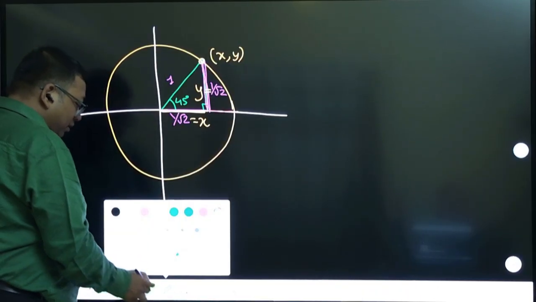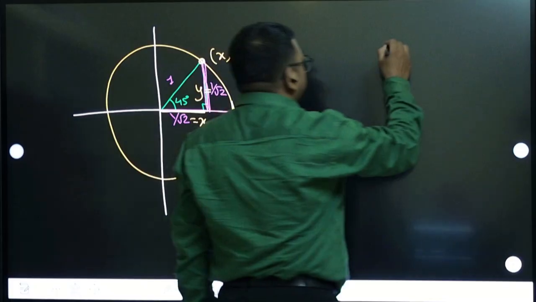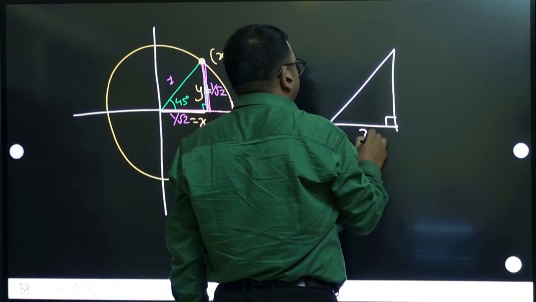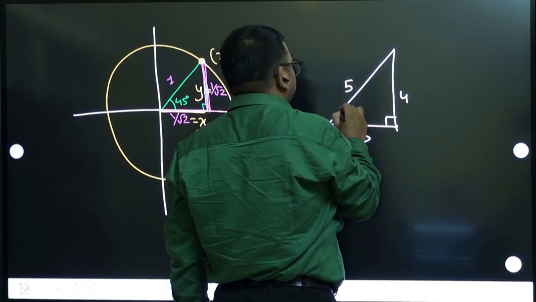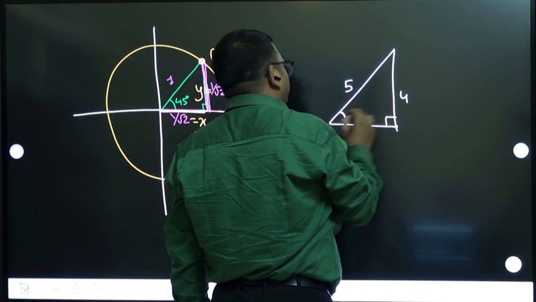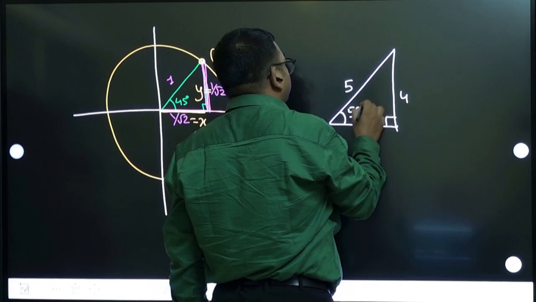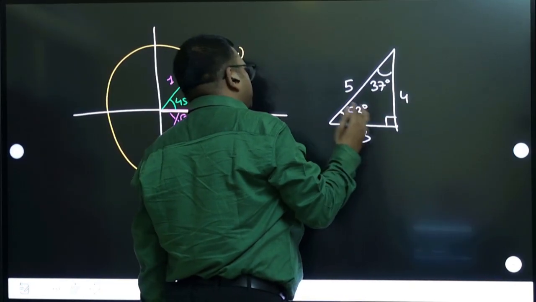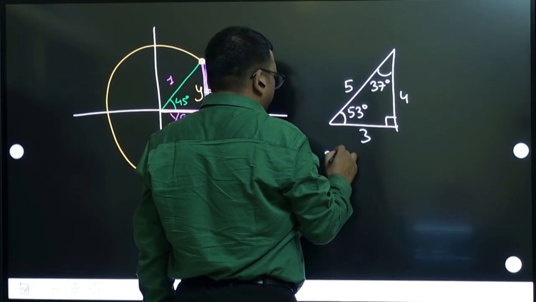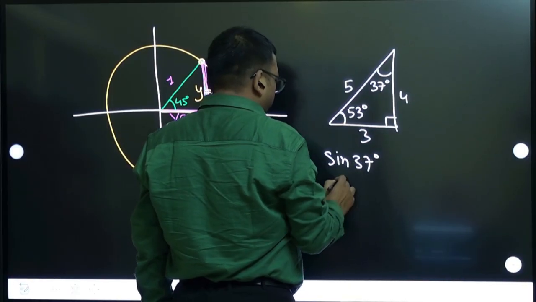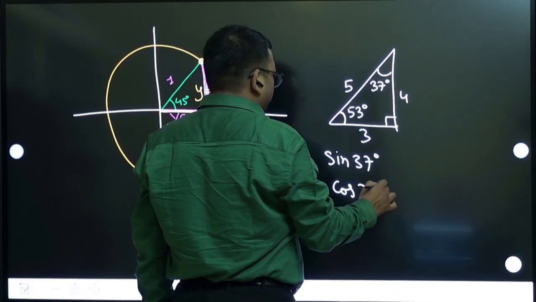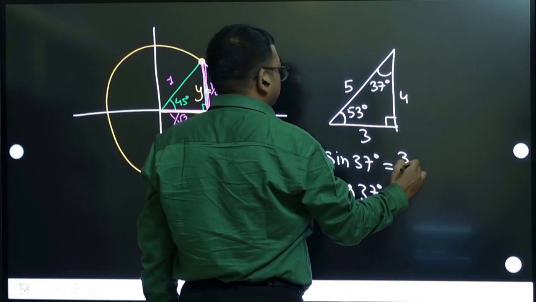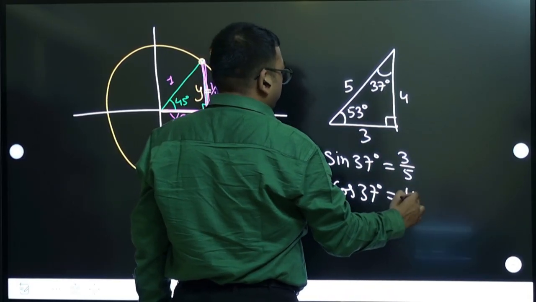Besides this, one important thing is that there is a triangle whose sides are 3, 4, 5. It is a Pythagoras triplet, and opposite of 4 is approximately 53 degrees, opposite of 3 approximately 37 degrees. So that means we can calculate sine 37 and cos 37, because from this triangle sine 37 is opposite by hypotenuse, 3 by 5, cos 37 is 4 by 5.